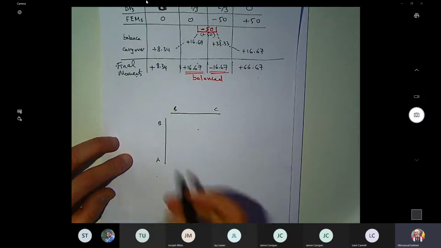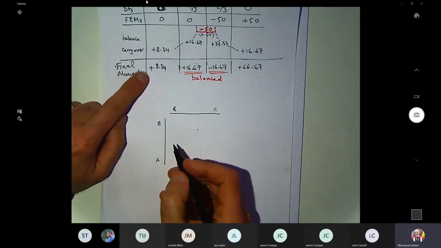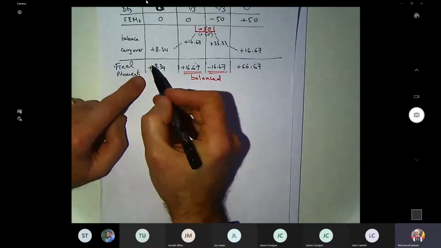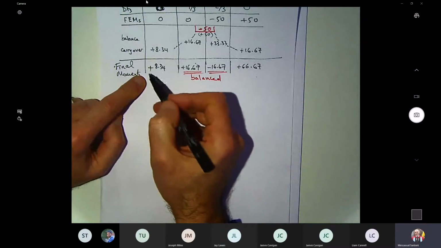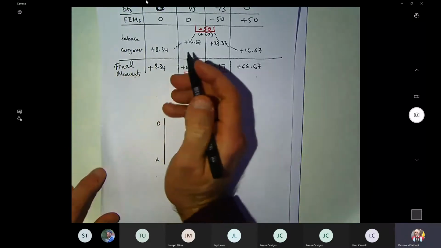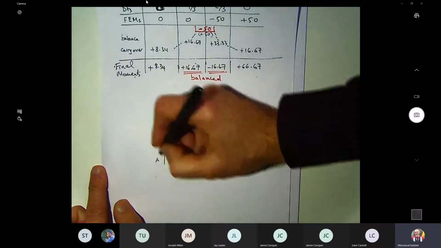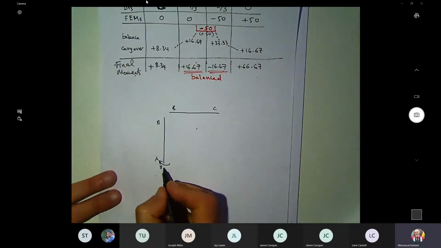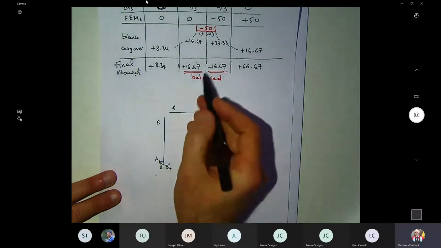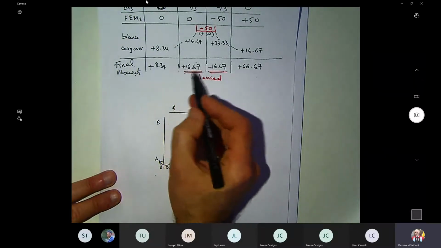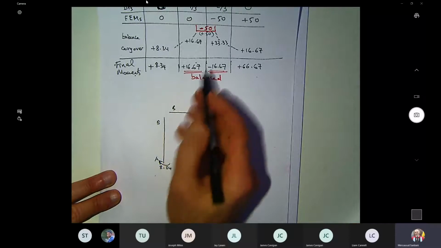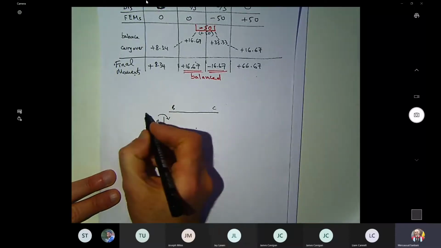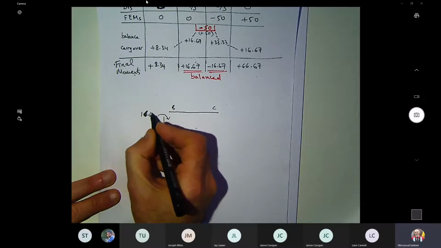At A, we have plus, so that's clockwise. So we have clockwise 8.34. At B, on BA we have clockwise because it's positive, so clockwise 16.67.